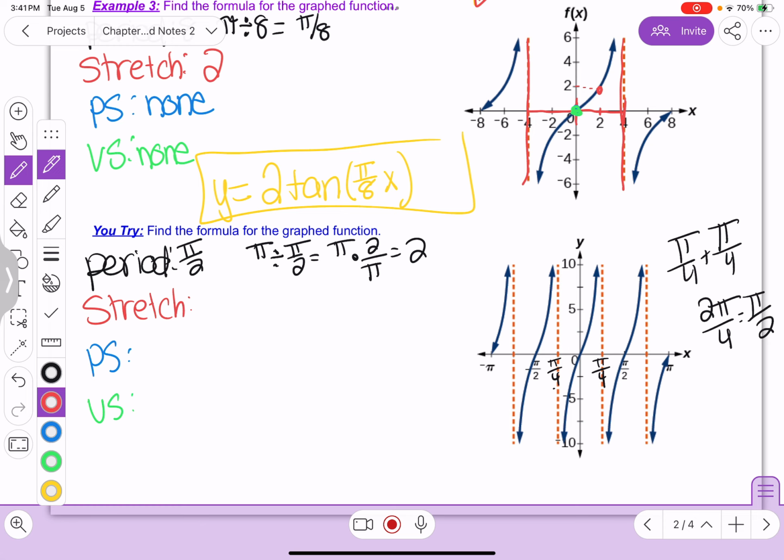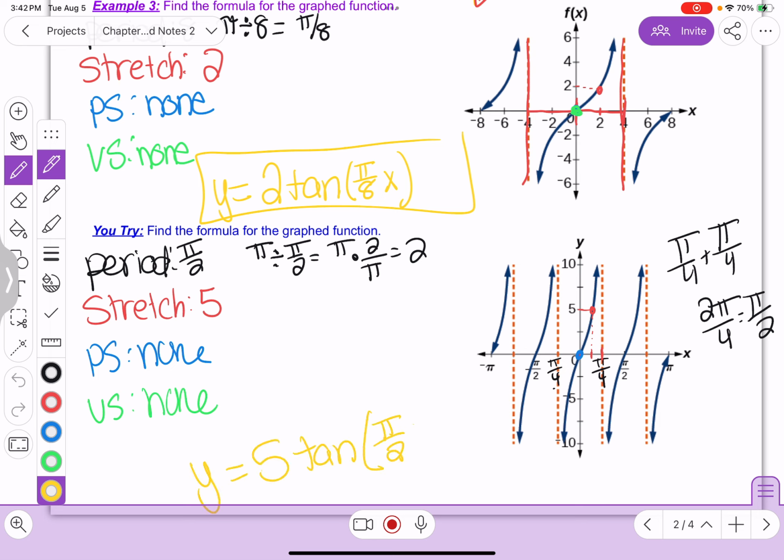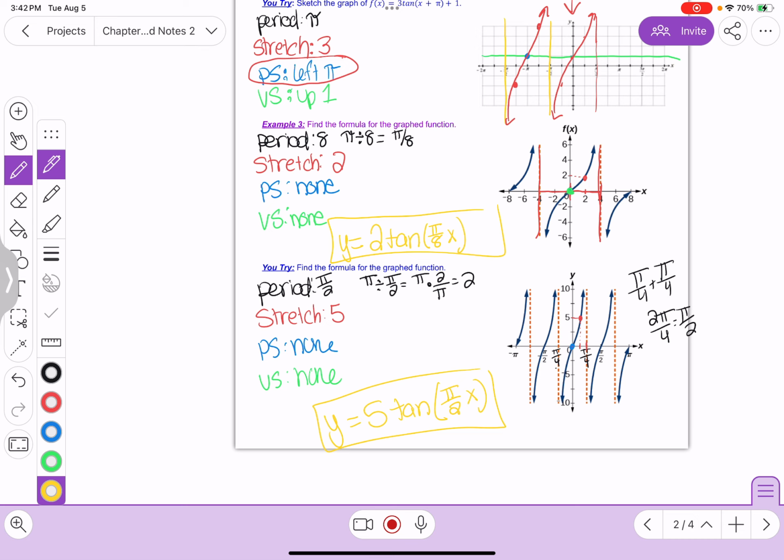The stretch, halfway between the middle and the asymptote is right here. And if I go up, it looks like it's about 5. So my stretch would be 5. And the middle is on the 0, so it looks like there's no shifts. So y equals 5 tan pi over 2x. So that's the tangent graph.